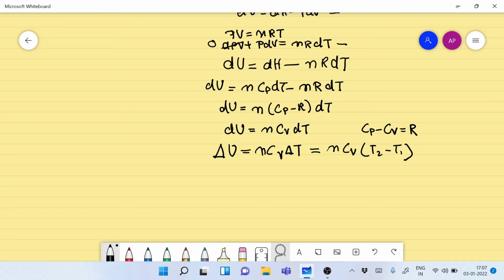Now, the work done can simply be calculated by the change in internal energy, which is equal to the heat given for the process, which in this case is N Cp delta T, minus or plus the work done.